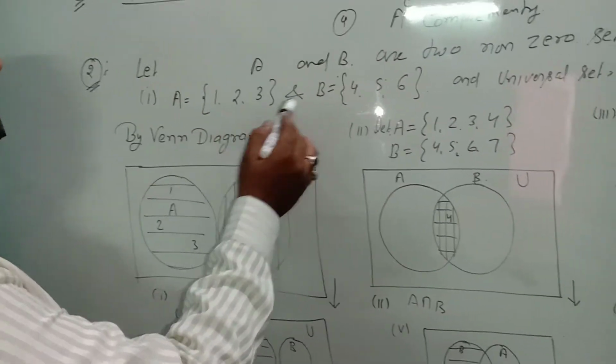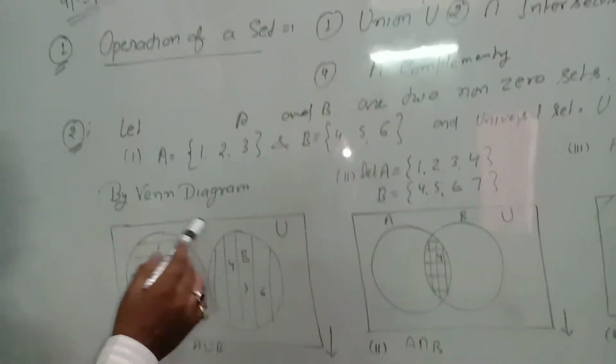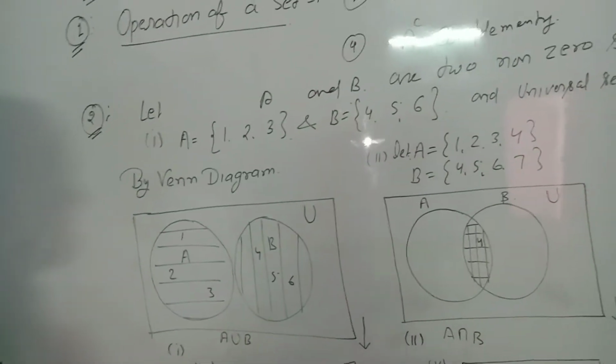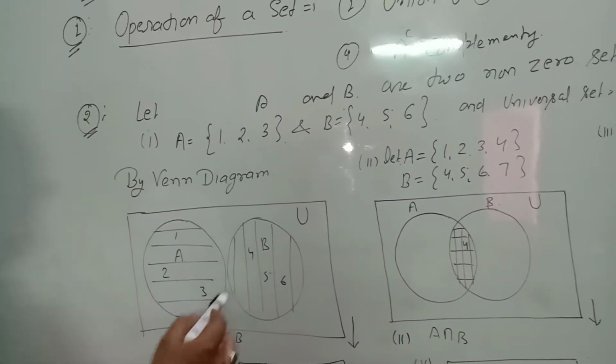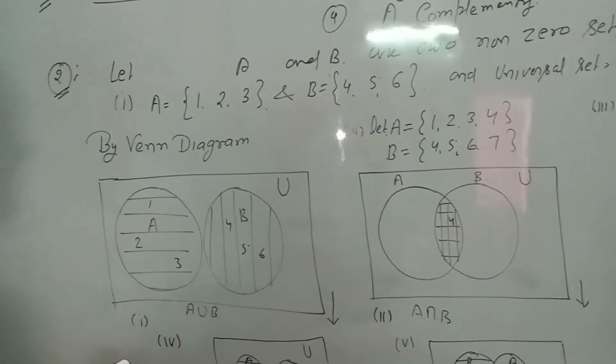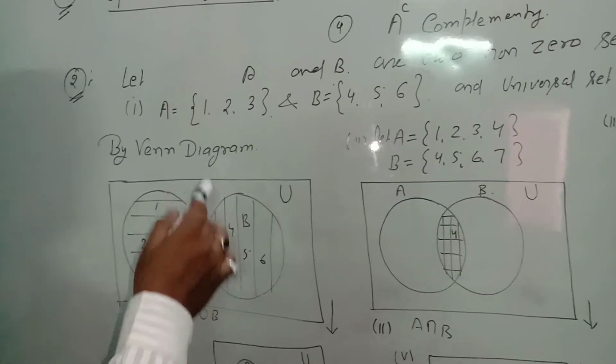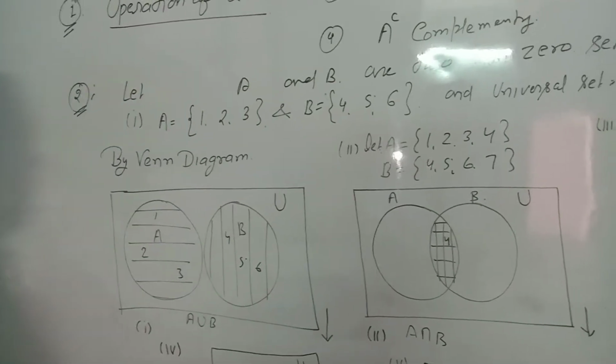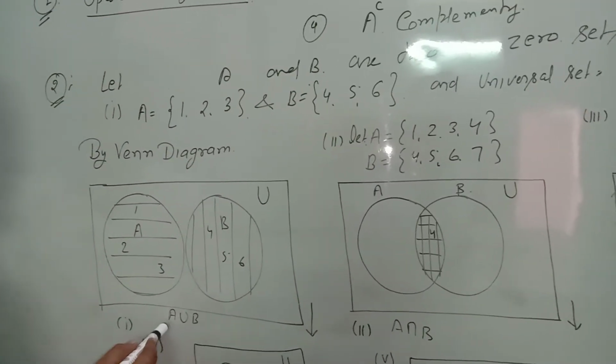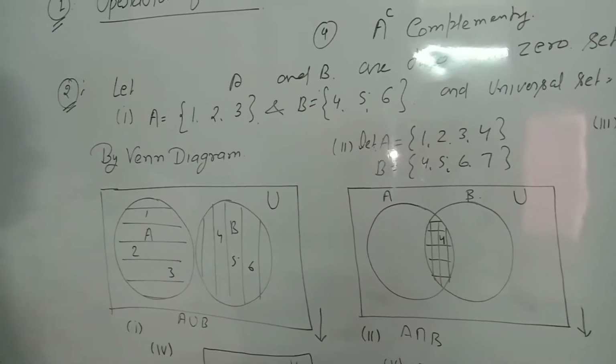Then in the universal space, set A has horizontal lines and set B has vertical lines. Then the representation in the Venn diagram is A union B.